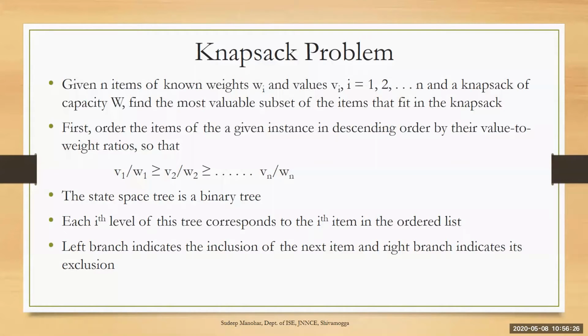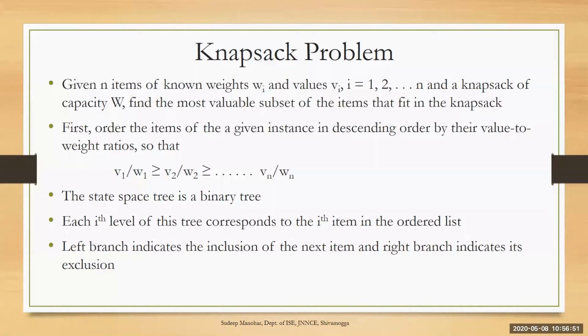If it is the second level, it corresponds to the second item, and so on. Since it is a binary tree, it has two branches, left and right. The left branch indicates the inclusion of the item, and the right branch indicates the exclusion of the item. It is nothing but with and without. So left is with the item, and right is without the item.